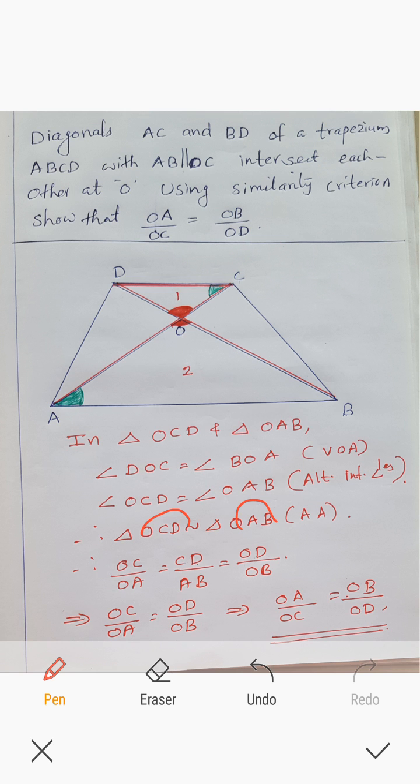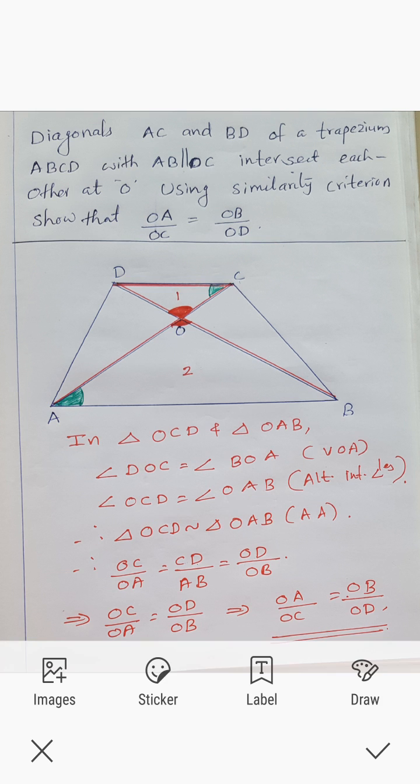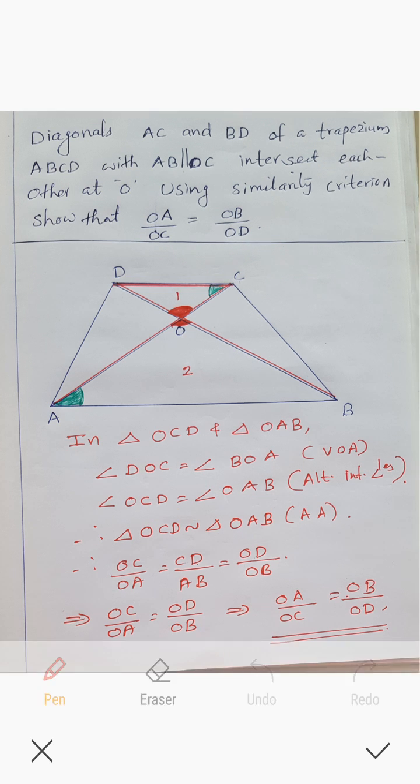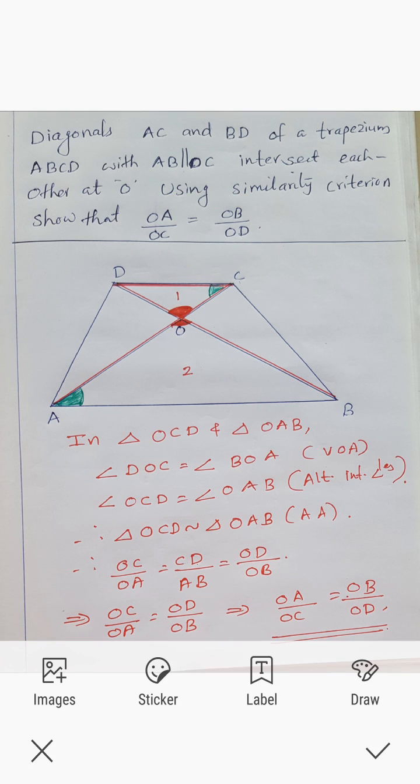We can name the similarity like this. So OC by OA equals CD by AB equals OD by OB. See what we have to prove. Anyway, there will be the ratio of three corresponding sides, but here we have to prove only two.